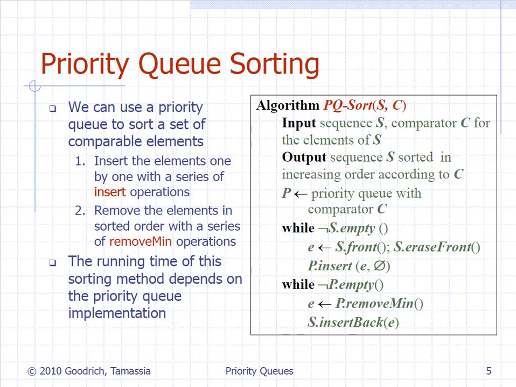So if you think about it, you have a priority queue which can collect these objects. You can insert all of these entries into this priority queue, and then you can extract the minimum at a time. If you remove the minimum from the priority queue, then you just have to put it as the first item in any kind of list. It can be an array or a linked list. So you just put it as the first element in the collection. Now you've removed that element from the priority queue. Then you remove the next one.